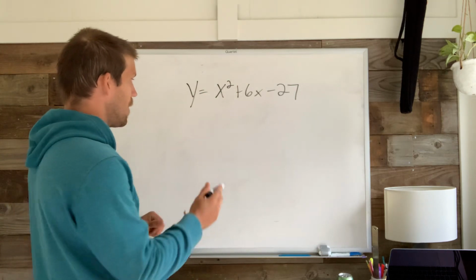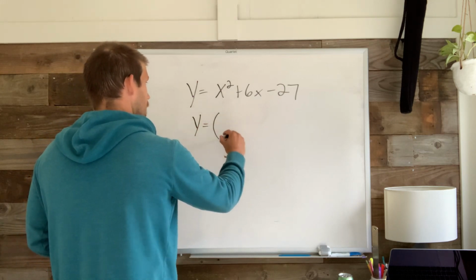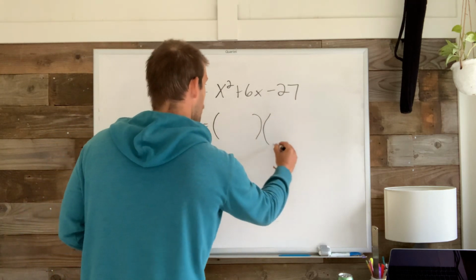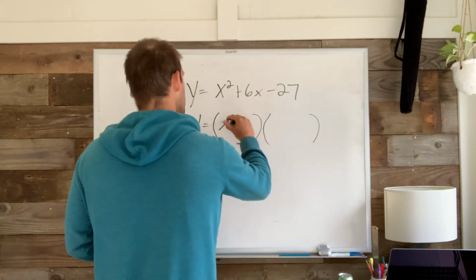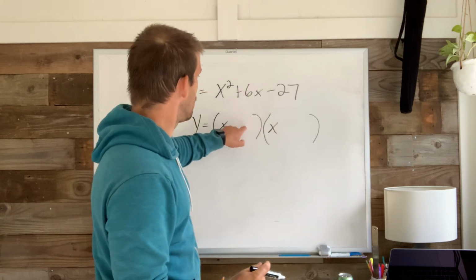to factored form. We're going to do that by having our two parentheses, and we have to find the two numbers here.